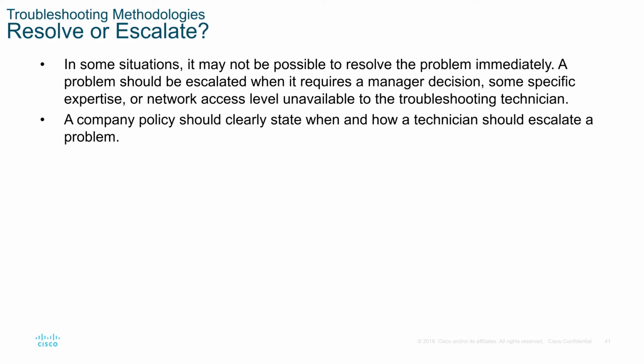The company's policy should clearly state when and how a technician should escalate a problem. Some technicians can do more damage to a network by not stopping than using a proper procedure of calling a manager.